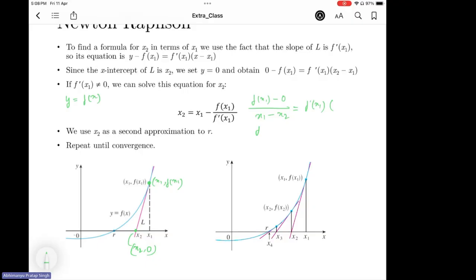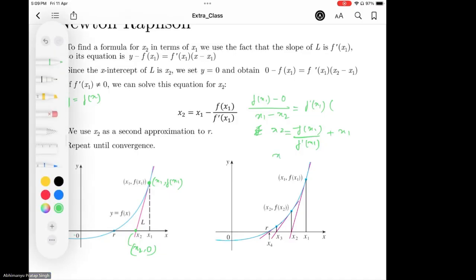From this I can get that f of x1 divided by f prime of x1 is equal to x1 minus x2.